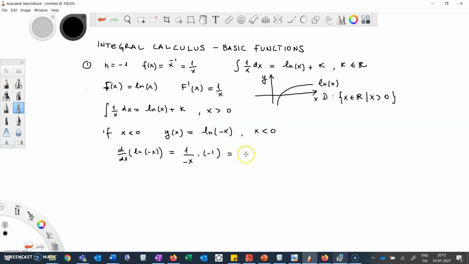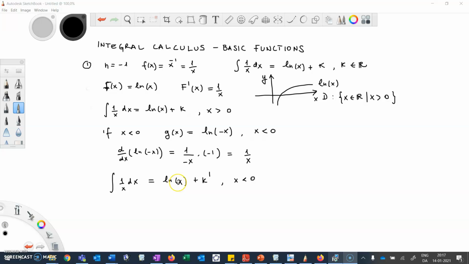And therefore I get the derivative, which is 1 over x, which is exactly what I want because it's the integrand, 1 divided by x. So I'm discovering that the integral of 1 over x in dx is equal to ln of minus x, which is found over here, plus a constant k prime, for x that is less than 0.